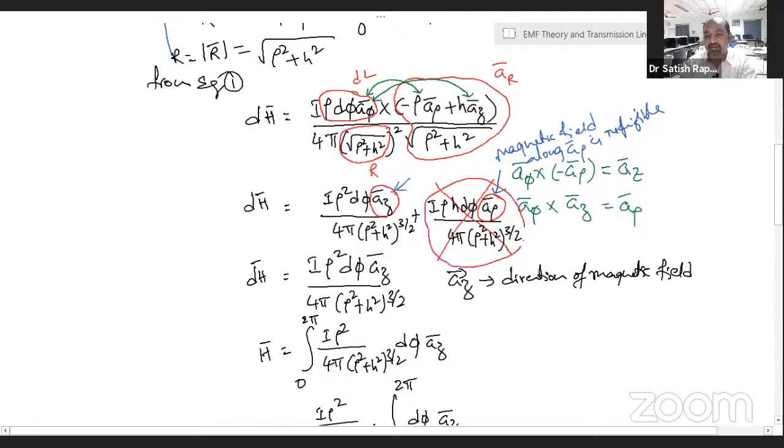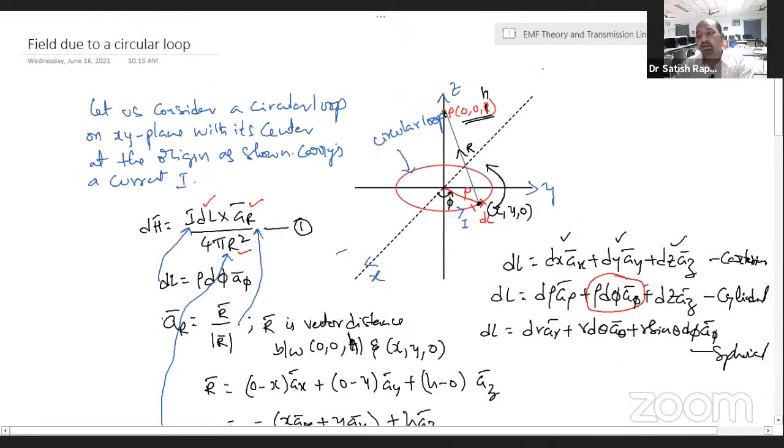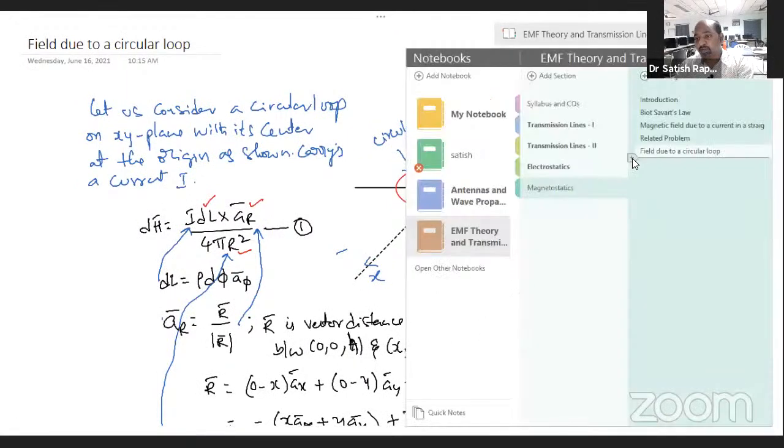That means the field in the rho direction is neglected, because the magnetic field is in z direction. Therefore, magnetic field in all other directions is negligible. That is the reason why I have neglected this one.